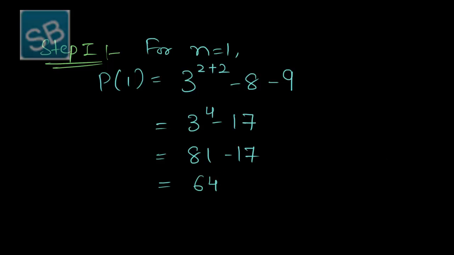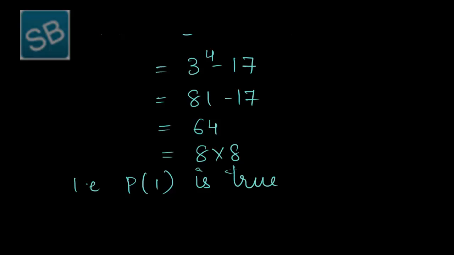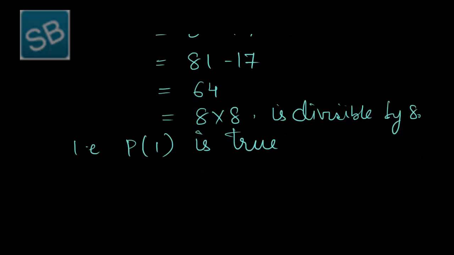And if we factorize 64, we get 8 into 8. That is, P of 1 is true, because 8 into 8 is divisible by 8. So P of 1 is true.